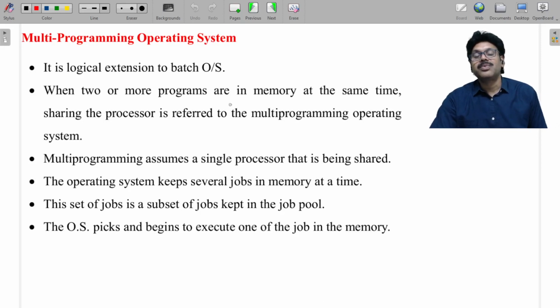When two or more programs are in memory at the same time, sharing the processor is referred to as a multiprogramming operating system. Multiprogramming assumes a single processor, that is the CPU, being shared. The operating system keeps several jobs in memory at a time. The set of jobs is a subset of the jobs that are in the whole pool.